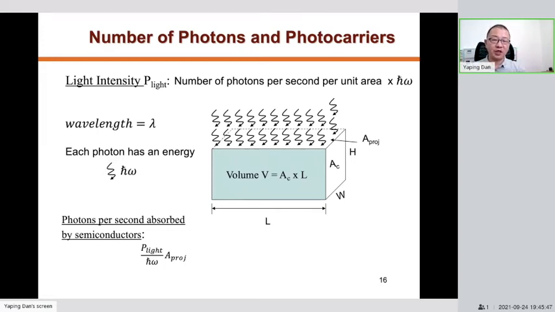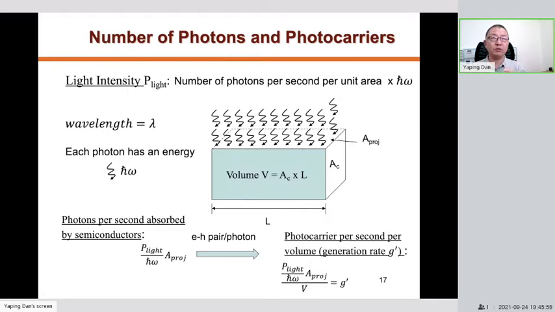That tells how many photons are actually incident on the semiconductor, and we assume all incident photons are absorbed. Each photon creates one electron-hole pair. In that case, we have the photocarriers per second per volume. That is the generation rate, G prime, as we learned previously.